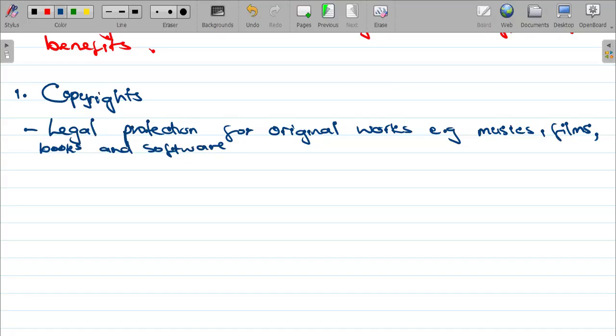Right. So examples might be textbooks may not be photocopied and sold without permission.